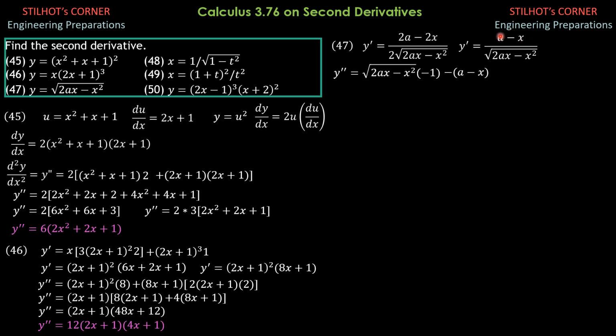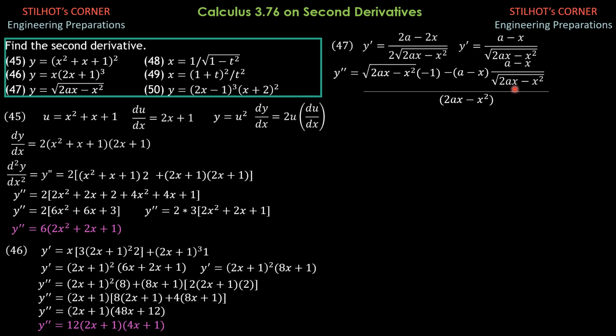And we just copy this, because this is supposedly the derivative, but after we cancel out 2, this is the result. So times quantity a minus x all over square root of 2ax minus x squared, all over denominator squared, which is quantity 2ax minus x squared.